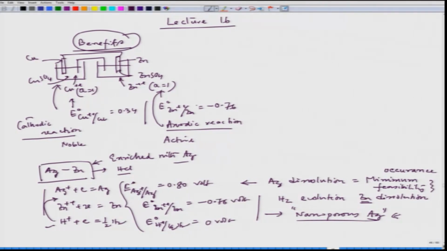And on the second series, what we have seen is that at least we can tell what reactions are going to happen.